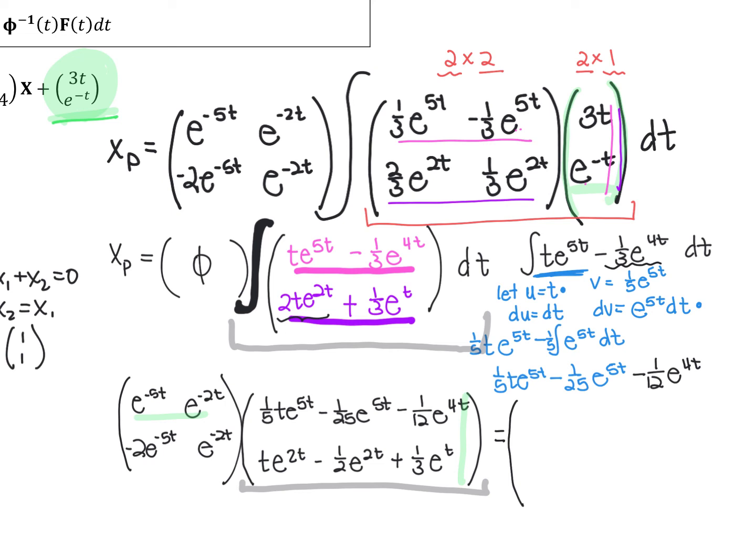So if I multiply, this would be e to the negative 5t times 1/5 t e to the 5t. That's going to give me 1/5 t. Oh, it looks simple. This term times this term is going to give me minus 1/25. E to the negative 5t times negative 1/12 e to the 4t is going to give me negative 1/12 e to the negative t.